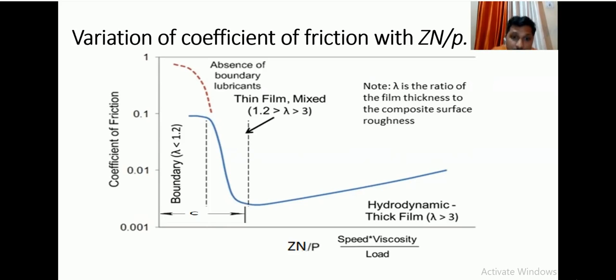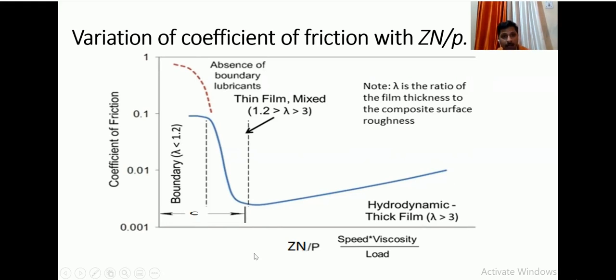So there will be some fluid friction, and when a sufficient amount of fluid film has been developed, there will be friction between the layers of the fluid. That's why we see this slight increase beyond this point.